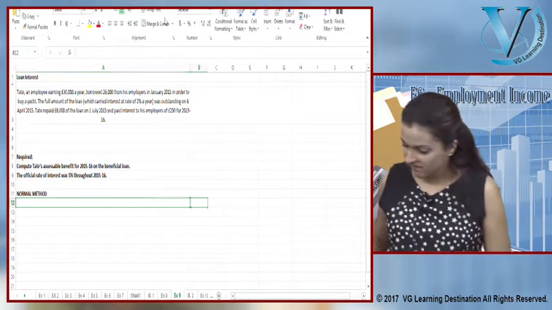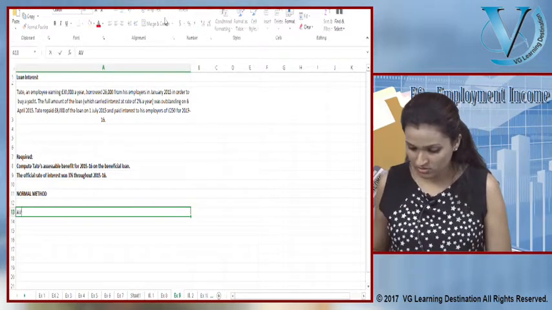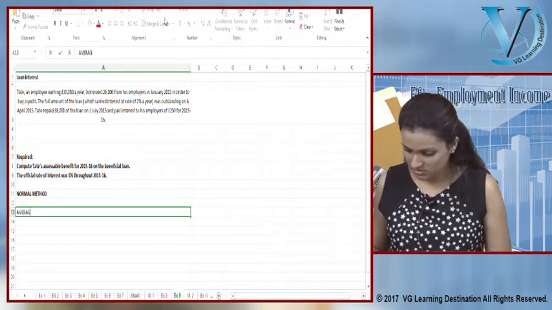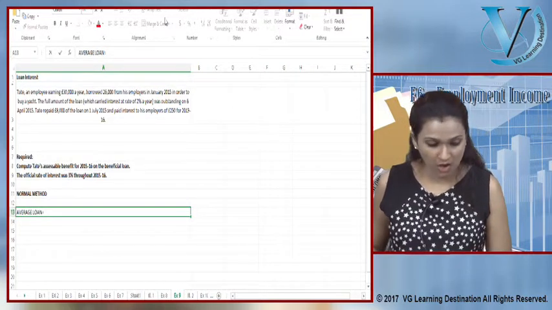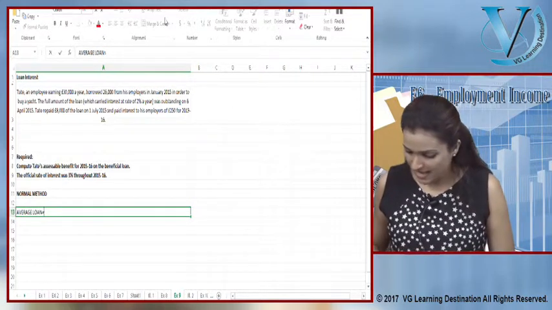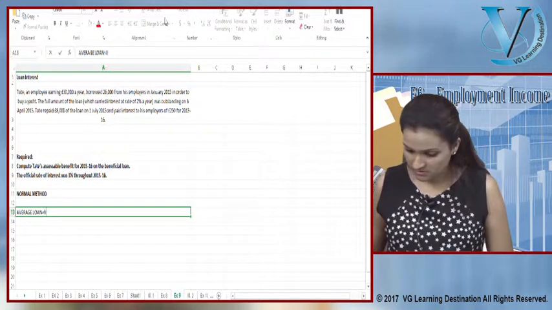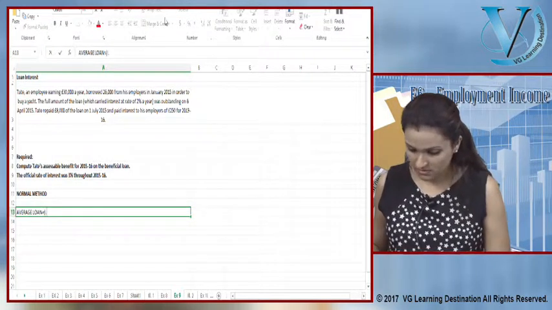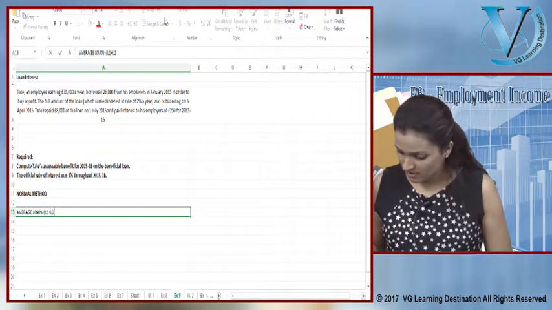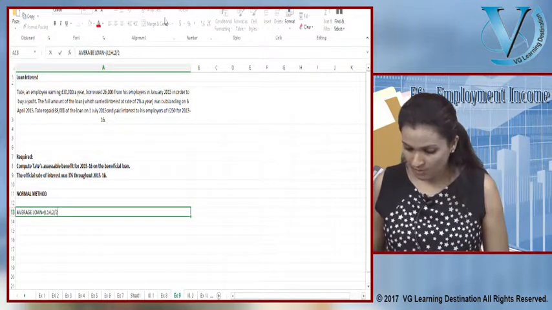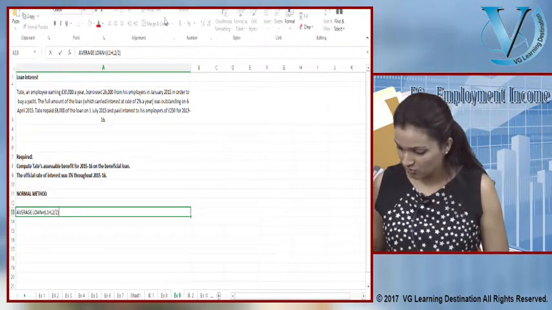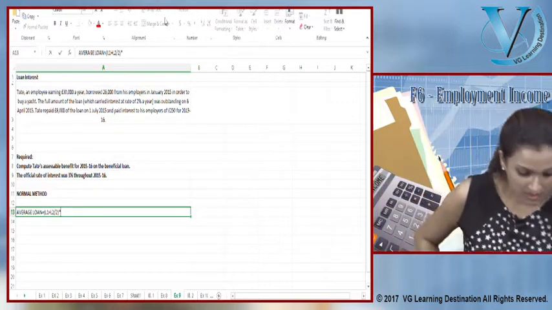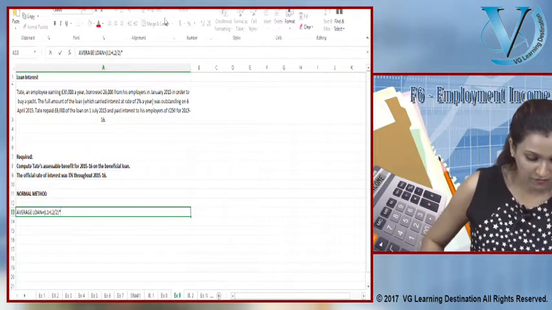I am going to take the value of the average loan, which is equal to how much? Average loan is equal to L1 plus L2 divided by 2, multiplied by the official rate of interest.